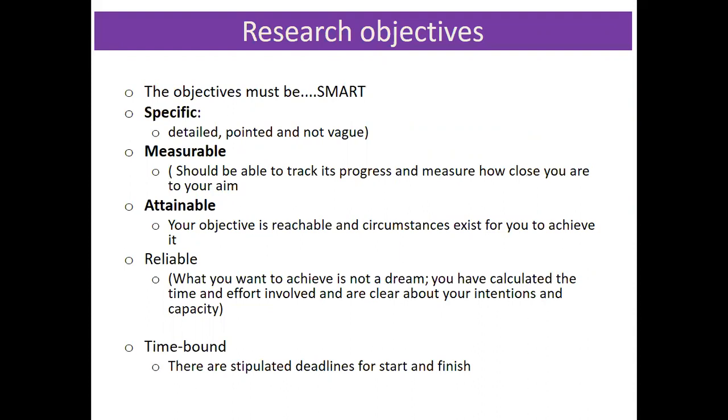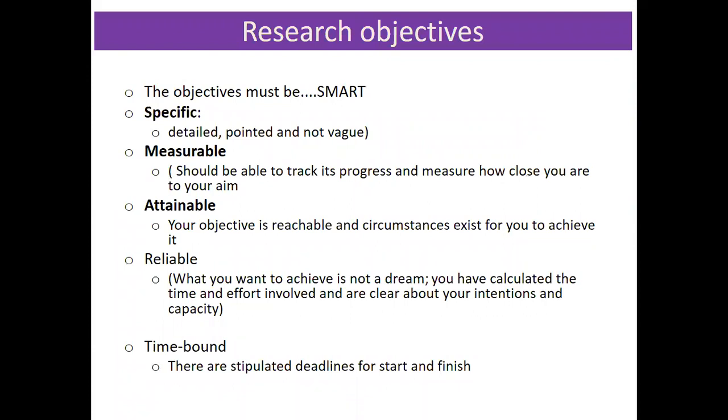Do not just state it for the sake of stating objectives because they say we should have objectives. No, you should know how you are going to achieve that. It should be realistic. What you want to achieve is not a dream. You have calculated the time and effort involved and are clear about your intentions and capacity.